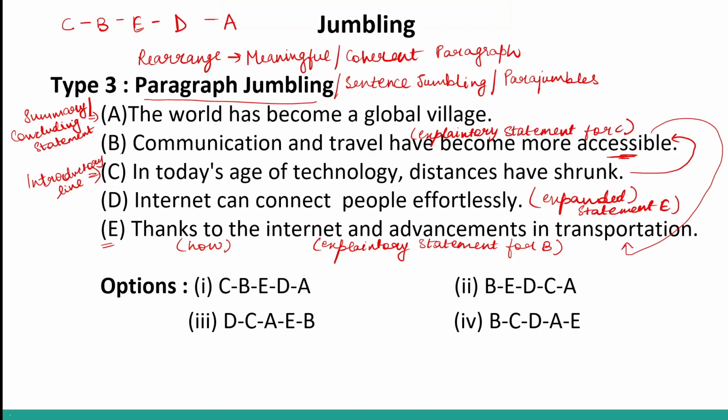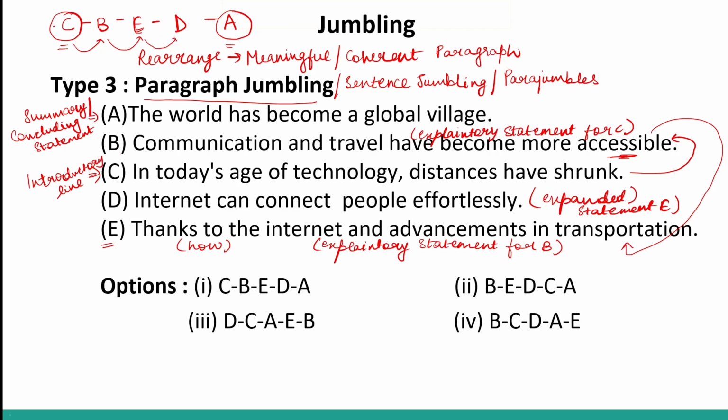Basically, first I'll tell you the short trick. First, find an introductory line and a concluding statement if you can find one. Once these two are set in place, try to find a line which expands upon C, then a line which talks about the same idea as the previous one, and similarly move in the same way from there on.